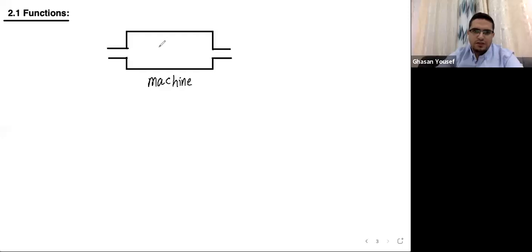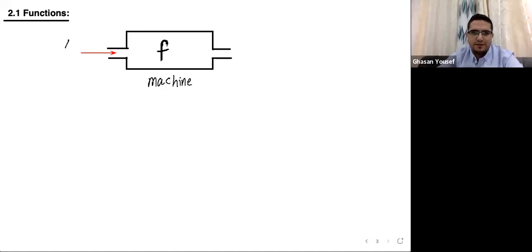This machine, I'm going to name it f. F is the name of the function, f or L or S, whatever letter the function has. And this machine has input, a variable x or any number like x.